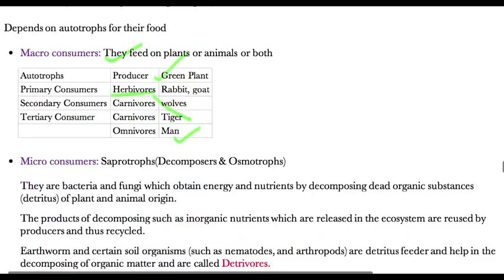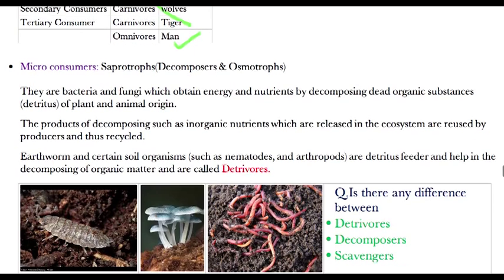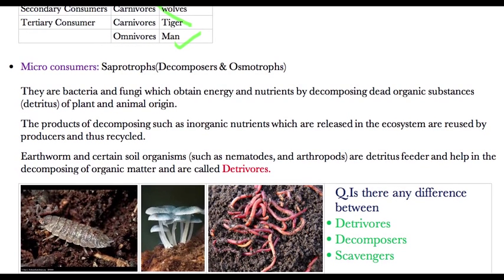Then we have micro consumers, and they are also called saprophytes or decomposers or osmotrophs. So they are bacteria and fungi which obtain energy and nutrients by decomposing dead organic substances, that is detritus of plant and animal origin.